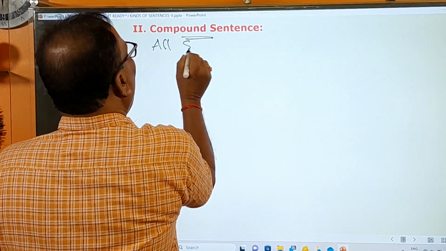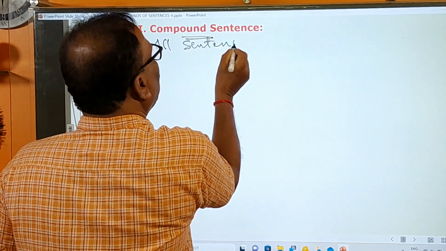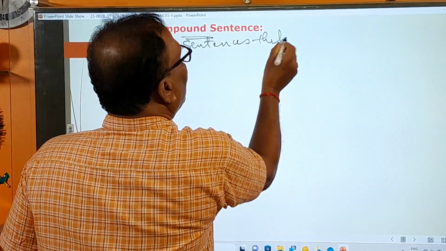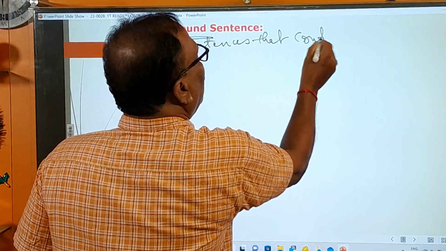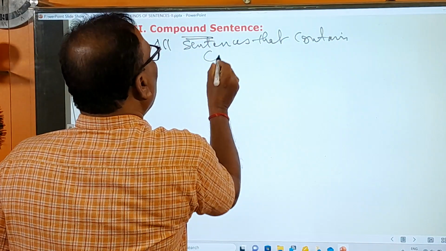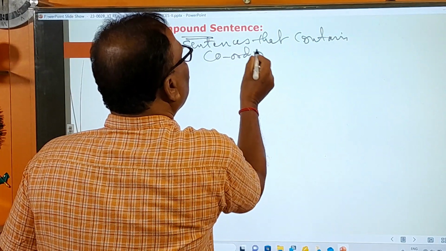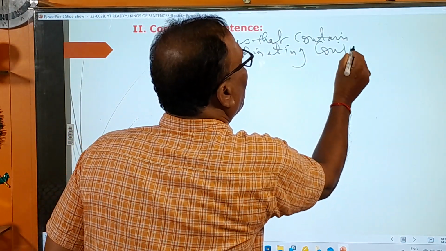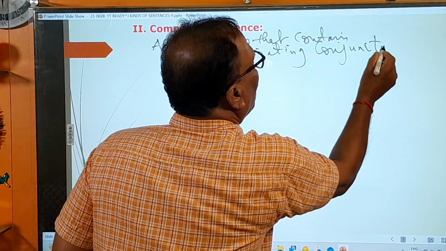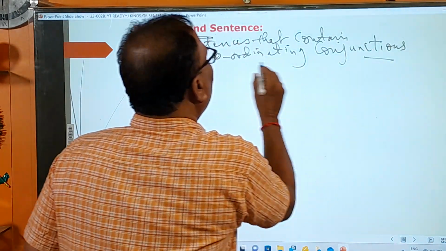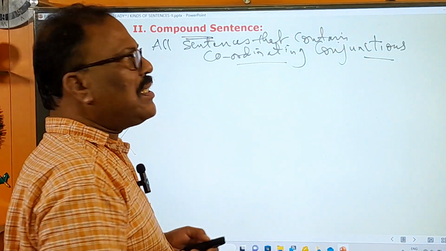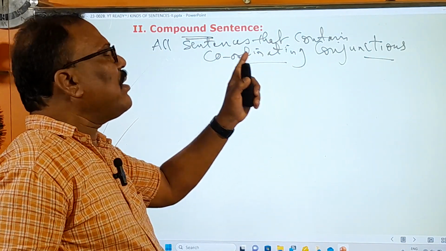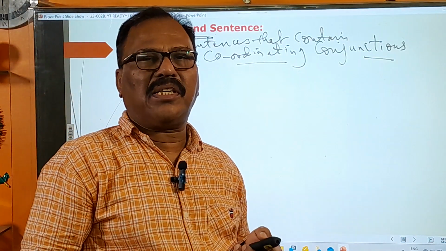Very simple. All sentences that contain coordinating conjunctions are called compound sentences.